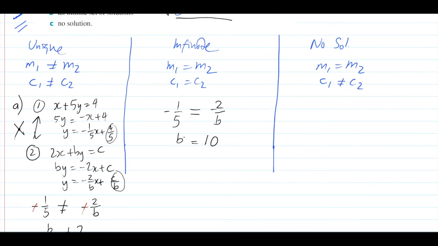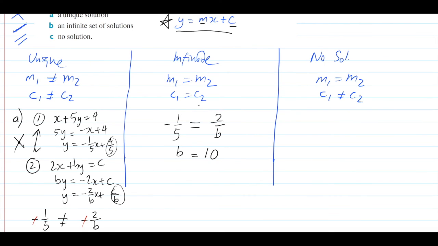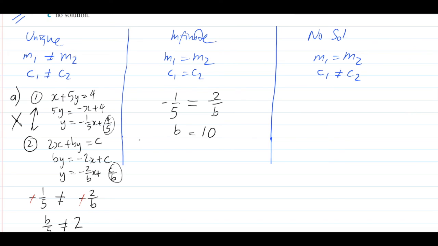So now that you have b equals 10, unlike the first part, we also need to consider the y-intercept. So c1 must equal c2. In this case, what do we know about c1? c1 is 4 over 5, and c2 is c over b.